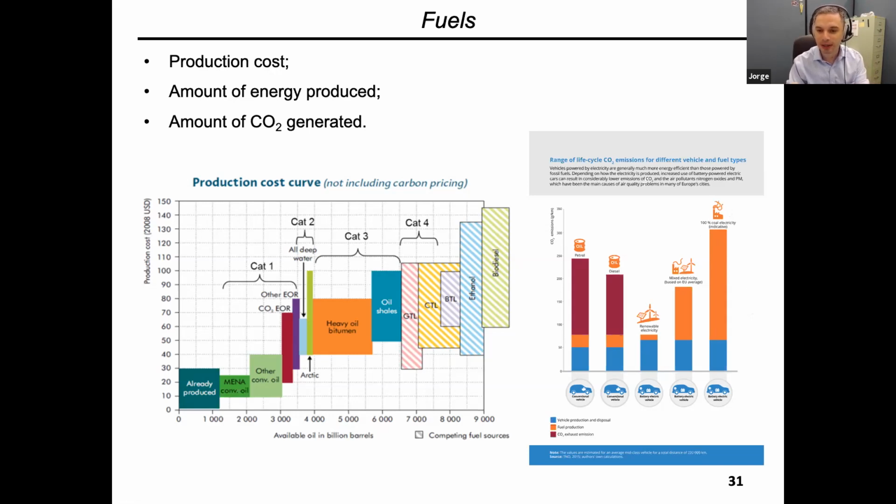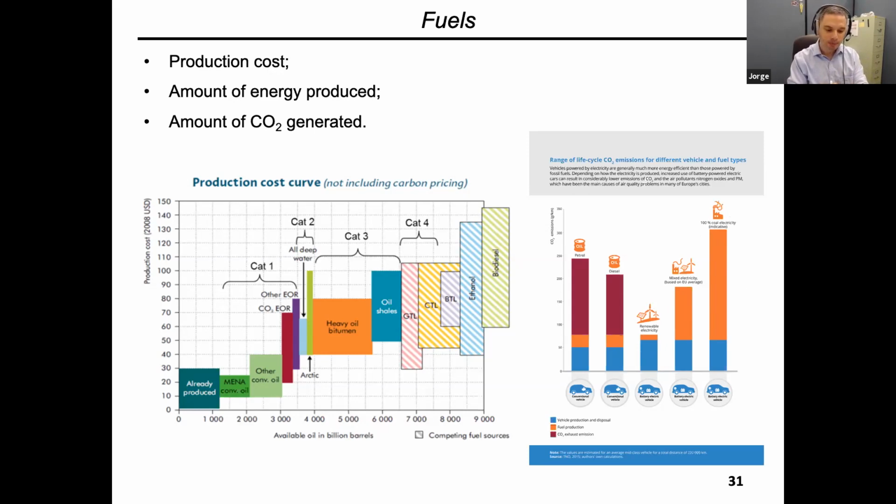However, if we get smart and move on to renewable electricity, that decreases a lot the amount of CO2 produced to generate electricity to recharge the car. So that's the point I want you to understand. Electric cars, don't get me wrong, they are great.